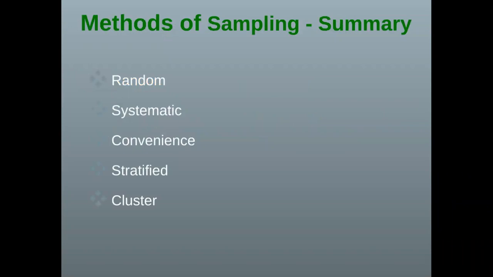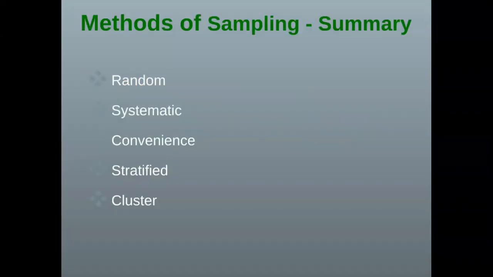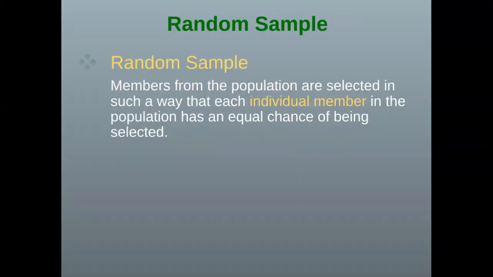So there's 5 methods that are typically used, right? Our goal, our idea is to strive to get a simple random sample, jumping back a slide. Okay, and these are 5 ways that it can happen. Some of these are good, some of them are not so good, and we'll talk about each one as we get through. So kind of our best approximation to a simple random sample is a random sample, okay? This is where members of the population are selected in such a way that every individual member has an equal chance of being selected.